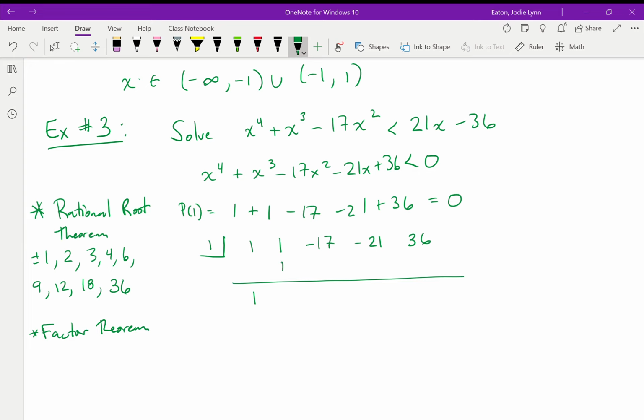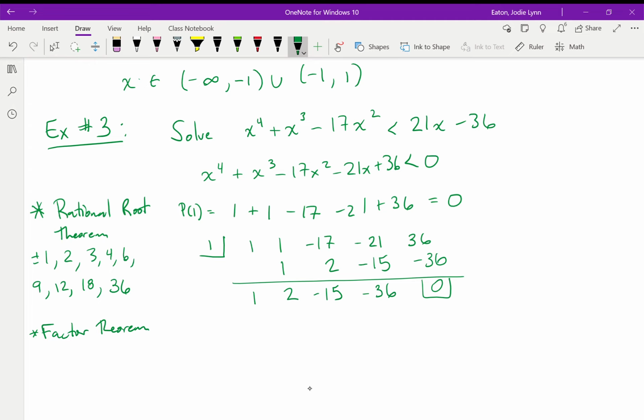And we put it here, then we add them together. So we get 2. 1 times 2 is 2. We add, we get negative 15. 1 times negative 15 is negative 15. So we get negative 15 up here. And we get negative 36, and then 1 times negative 36 is still negative 36, giving us a lovely 0 remainder.